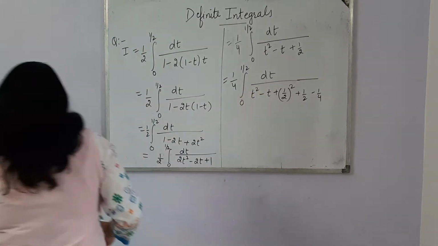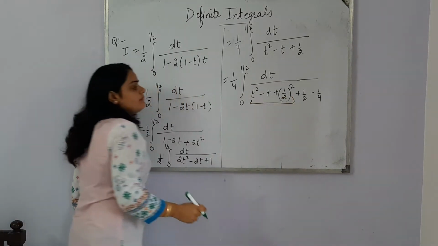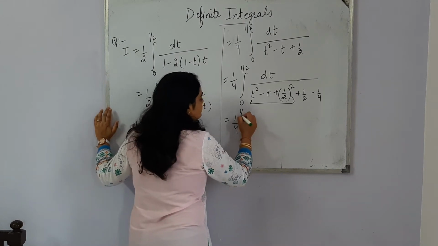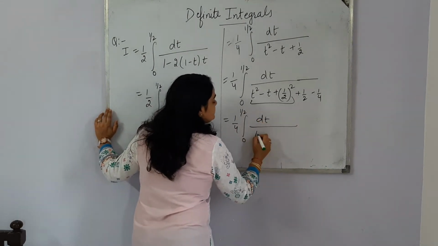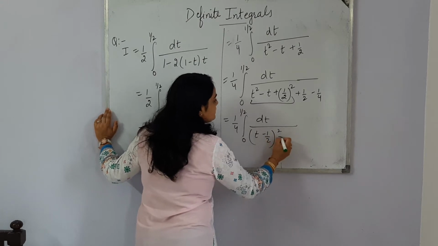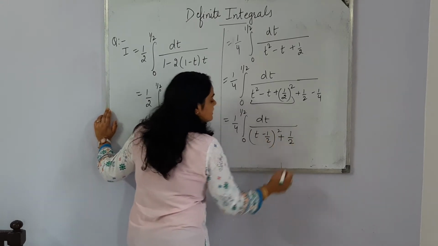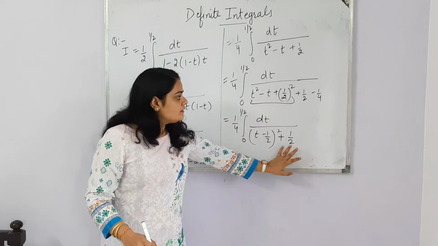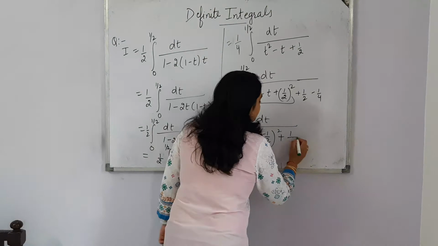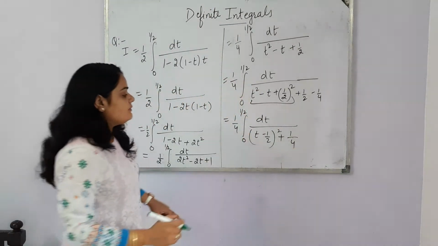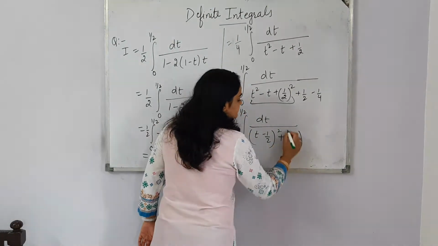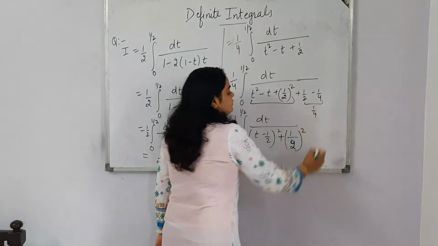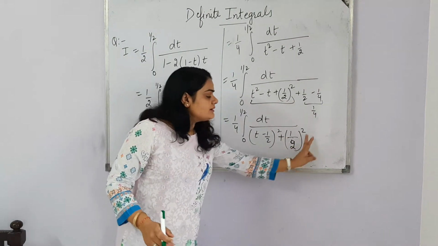Now here the formula a minus b whole square is applicable. 1 by 4, integral 0 to 1 by 2, dt, t minus 1 by 2 whole square and plus 1 by 2 minus 0.25, it becomes 0.25, 1 by 4. So I can write 1 by 4 as 1 by 2 whole square.